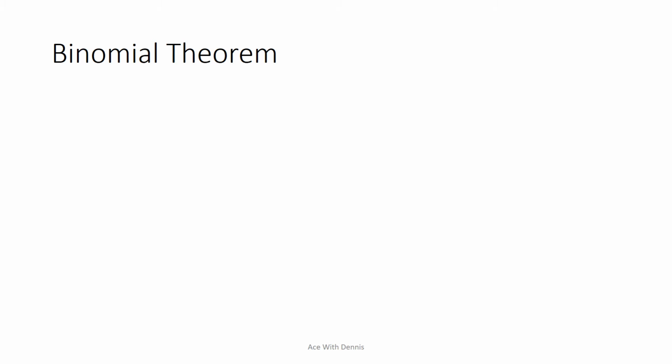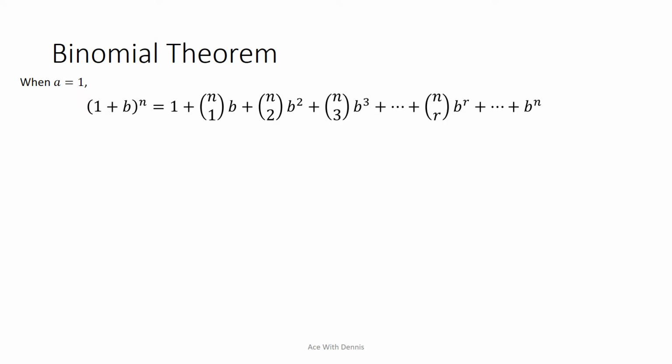Now, here are a few special cases for the binomial theorem. When a equals 1, our expansion becomes (1 plus b) to the power n equals 1 plus n choose 1, b, plus n choose 2, b squared, plus n choose 3, b cubed, and continue to the middle term n choose r, b to the power r, until the last term, plus b to the power n.